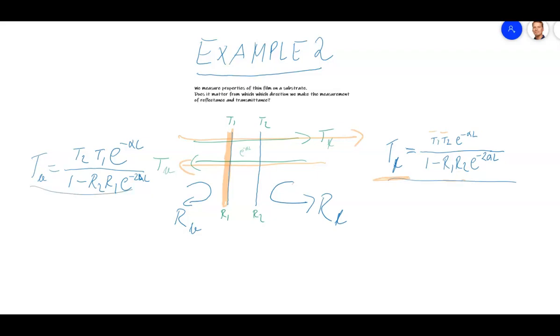So it means that the measurement of transmittance can be done from both sides, and the result is exactly the same.